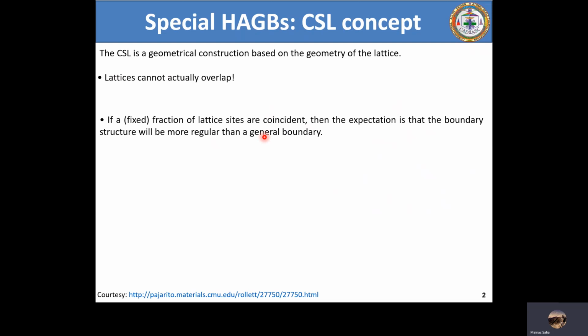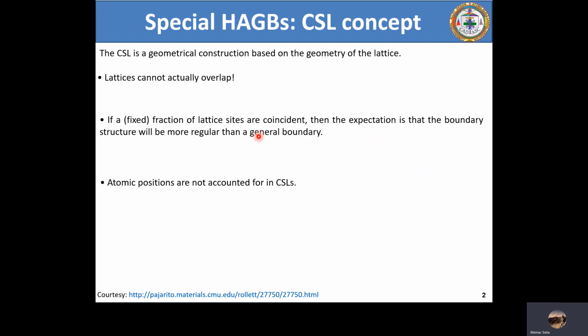In a random high angle grain boundary or a general boundary, there is no coincidence of the lattice sites across the grain boundary plane, and as a result, the resulting grain boundary energy is comparatively much higher.